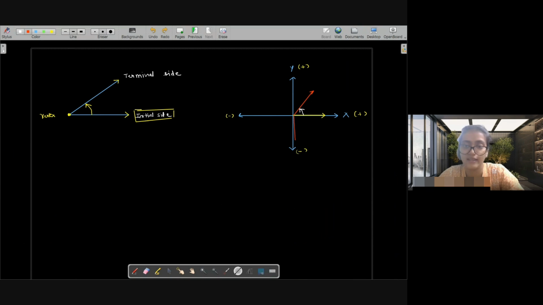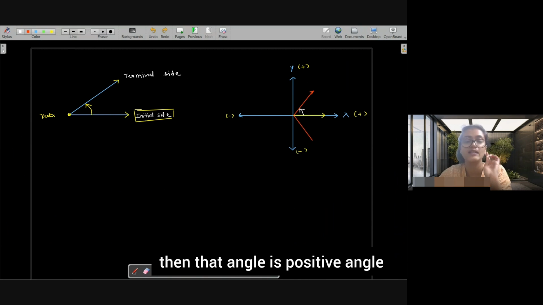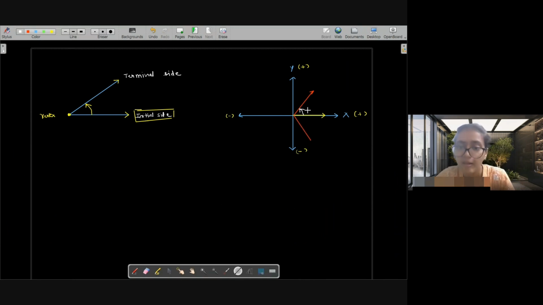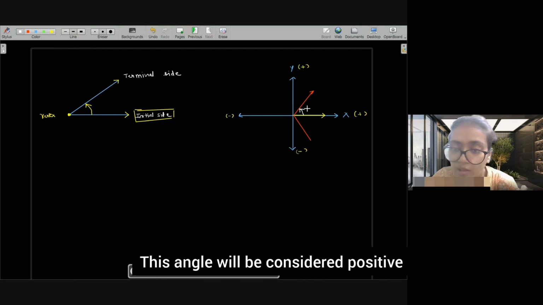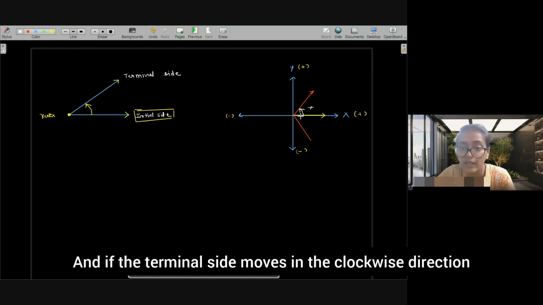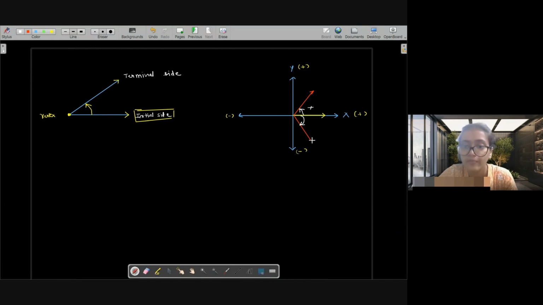And if the terminal side is moving in anti-clockwise direction, then that angle is a positive angle. So it's just the sign of an angle. This angle will be considered positive. And if the terminal side moves in the clockwise direction, then that's called a negative angle.